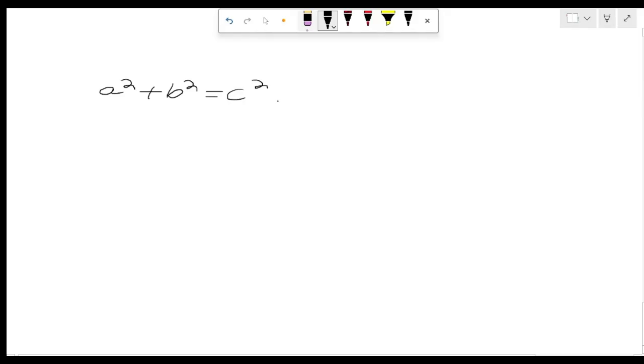Now if you divide all of these values by C, that results in A square over C square added with B square over C square, and that is equal to C square over C square, or simply just 1.